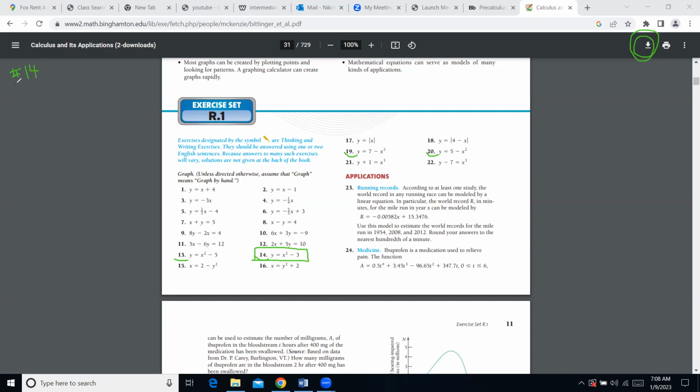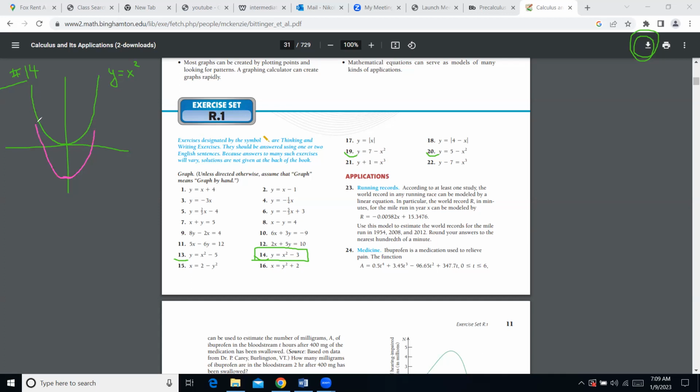Exercise 14 is talking about the graph of the parabola y equals x squared. That's one of the standard graphs. Sometimes people call it a graph from the library of functions. That's a parabola, x squared, a U-shaped curve that we need to bring 3 units down because we subtract 3.